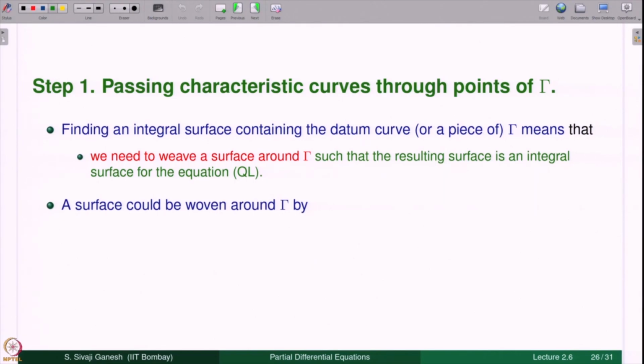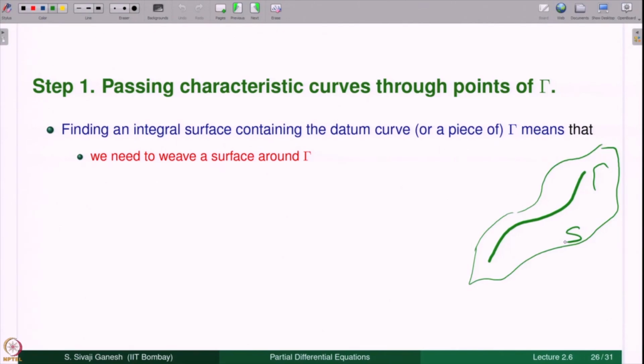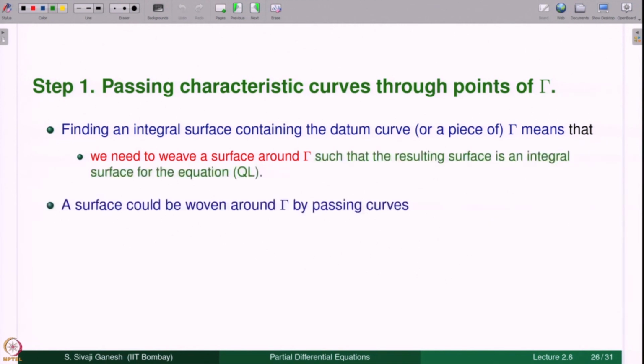A surface could be woven around gamma by actually taking a point of gamma, taking a characteristic curve through that, like that. Repeat this at every point of gamma, by passing curves through each point of gamma.